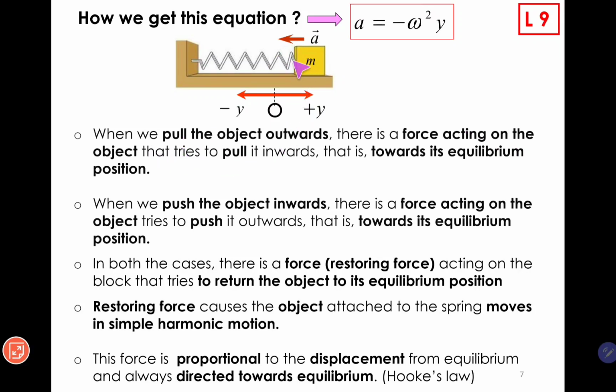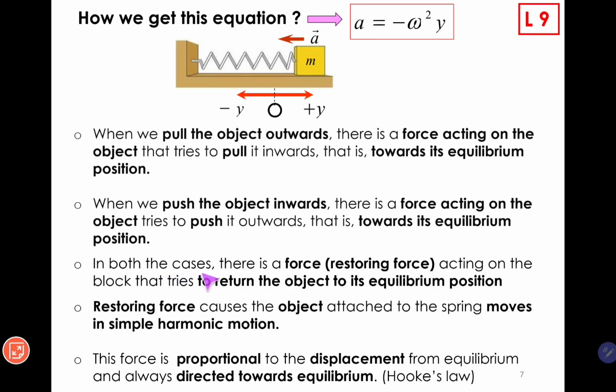So we are talking about the restoring force that is towards its equilibrium position. By pulling the mass to the right, the restoring force is directed to the left, towards the equilibrium. When we push the object inwards, by compressing the spring, what happened? The restoring force caused by the spring is directed outward, to the right, against the compression. So again, towards the equilibrium position.